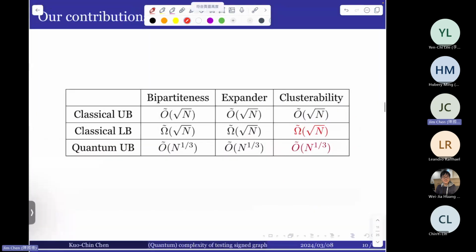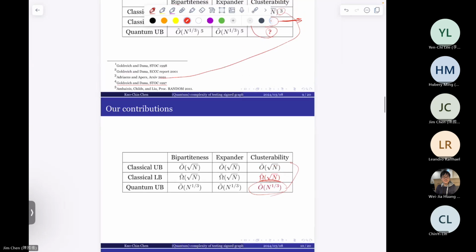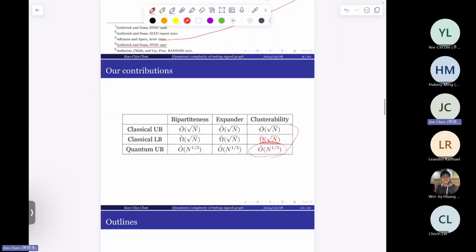We show the classical query lower bound for testing clusterability requires at least square root of n queries, and we propose an algorithm which can solve the testing problem in n to the 1/3 queries. This is our main result.